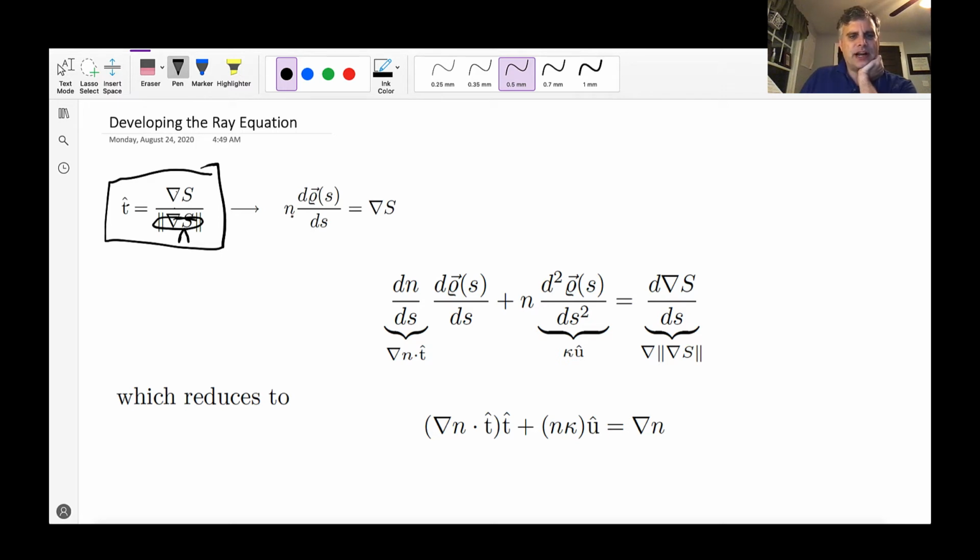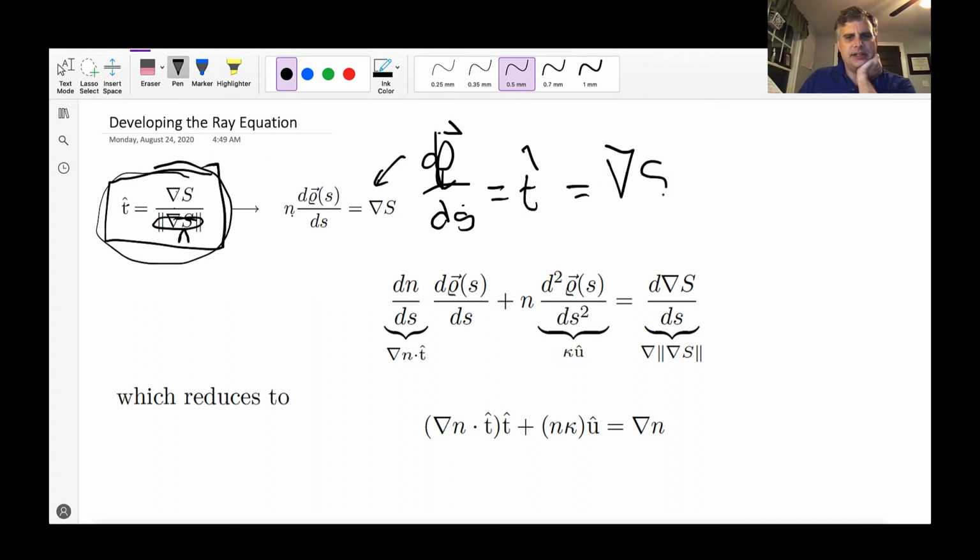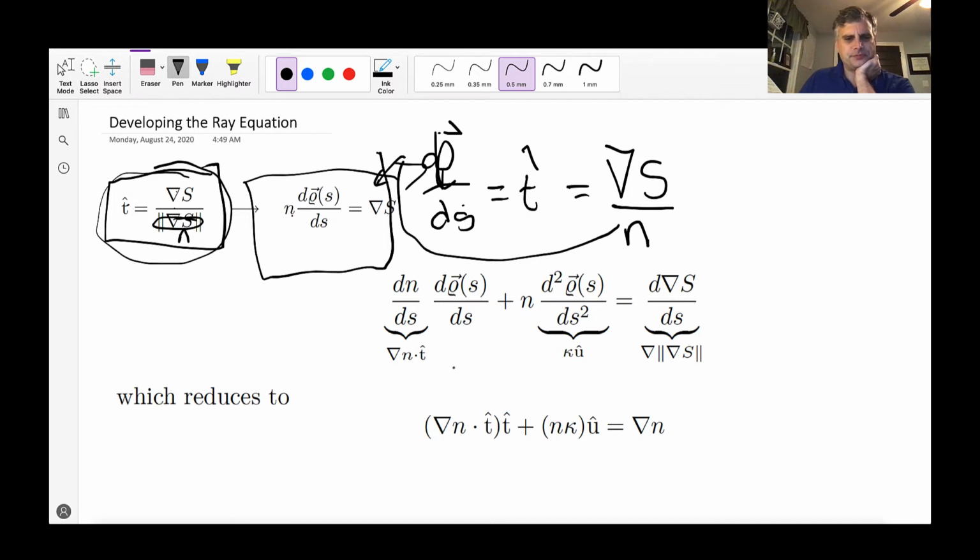The index of refraction, remember, came from the constitutive relationship dρ/ds equal to t hat. If t hat is equal to this, I can write gradient of S over index of refraction and then move the index of refraction to the other side of the equation. That's how we got this result here.